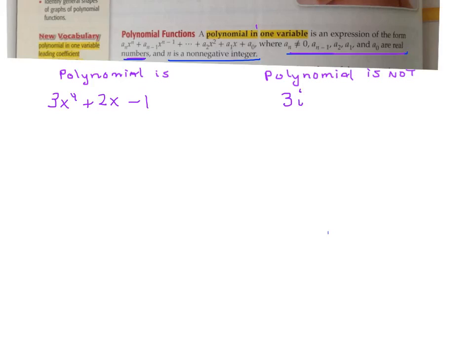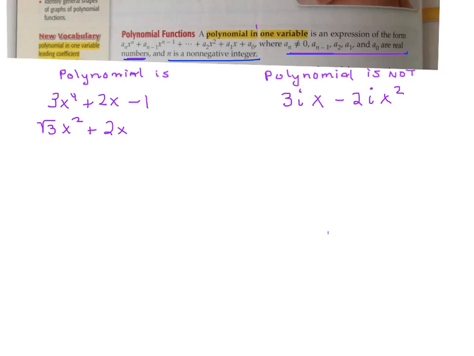So if you have 3i x minus 2i x squared, that is not a polynomial. Notice it doesn't say that you have to have a rational number coefficient. You could have the square root of 3 x squared plus 2x because those are real number coefficients.